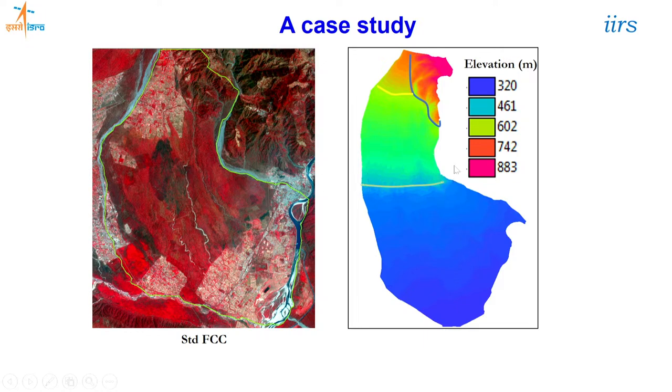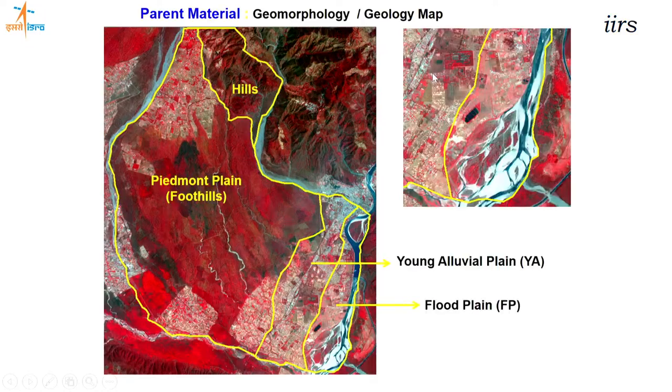It is showing from here 320 meter elevation or less, but here 883, higher elevation. So you can say this part is your higher elevation, where the hills are. I can just divide hill and foothills, that is the Piedmont plain.